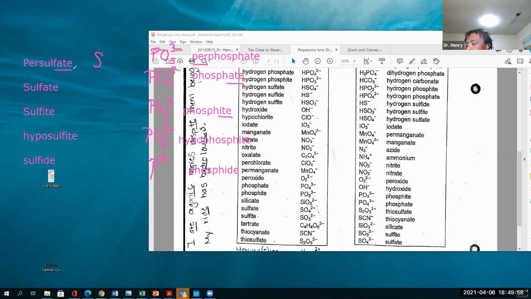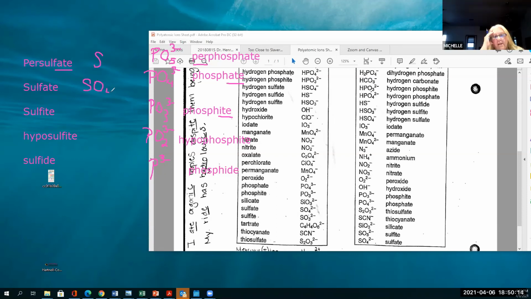What does that tell me? There are 4 oxygens. If we were talking about sulfate, it would be SO4. So this one is SO5. And what would be the charge? We know sulfur has a charge of 2 minus, so this would be SO5 2 minus.